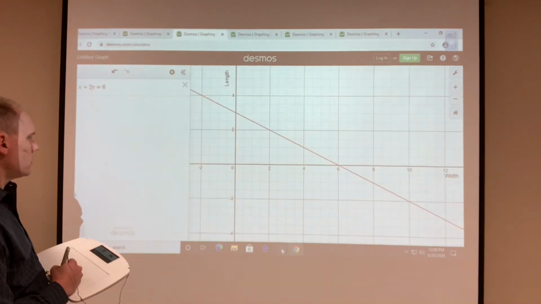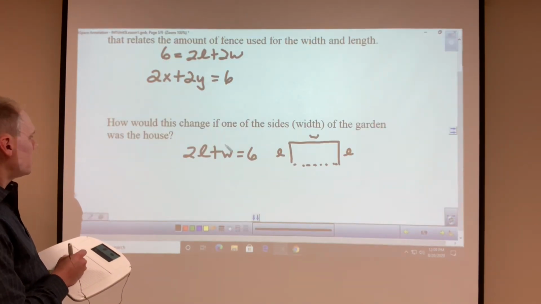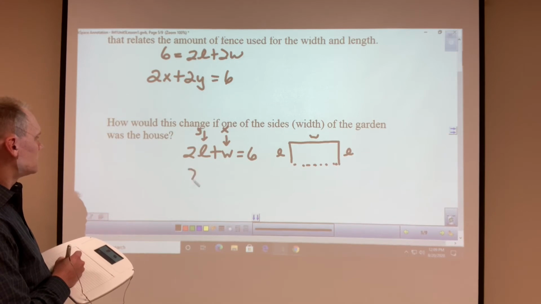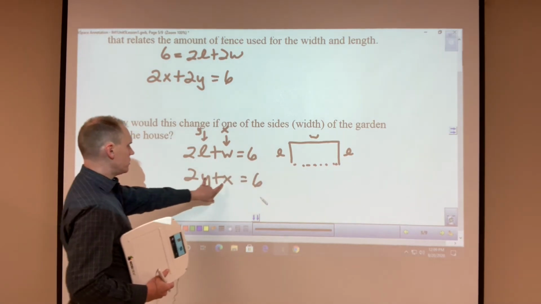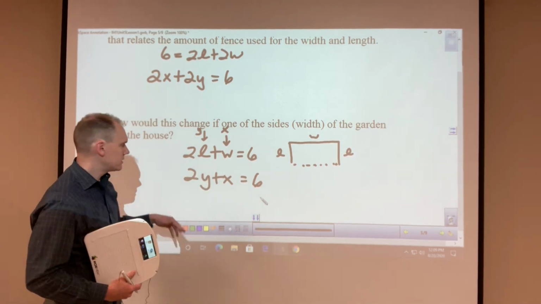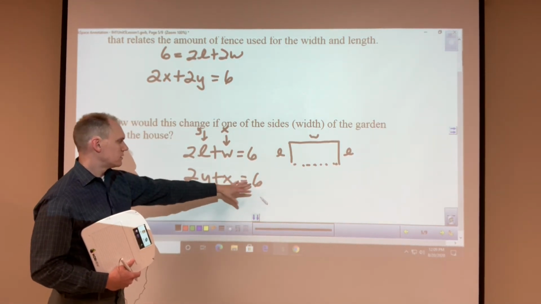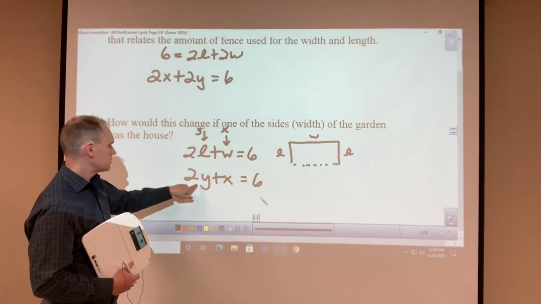Yeah, X plus 2y. So in this case, I represented the width with X and the length with Y. So we have 2y plus X equals 6. Or you could reverse these if you wanted to, X plus 2y, it doesn't really matter. But I typed it in like this on Desmos.